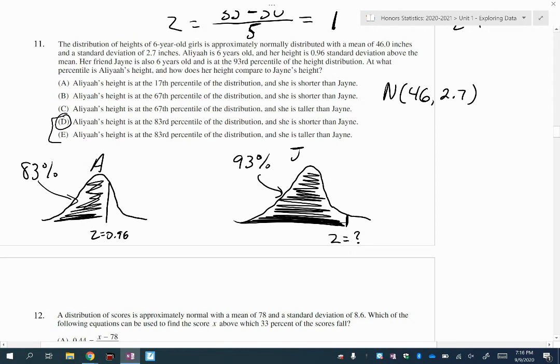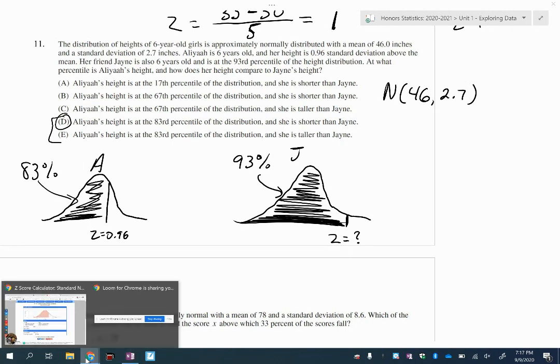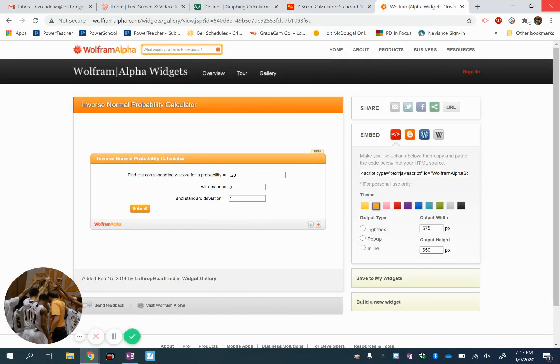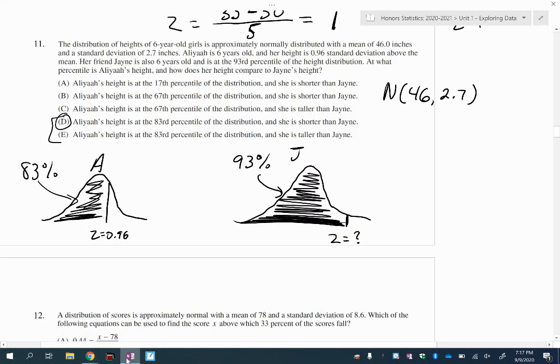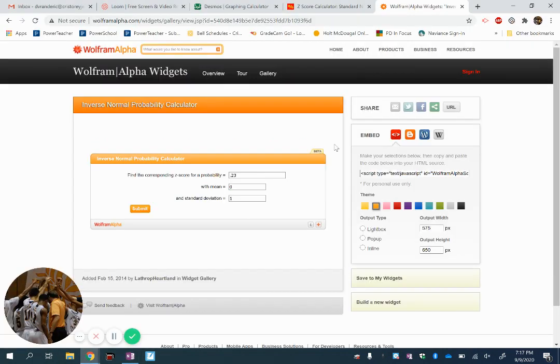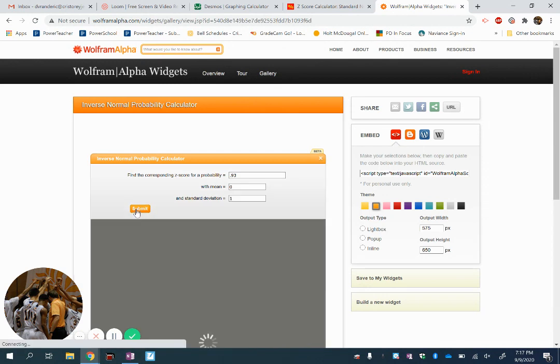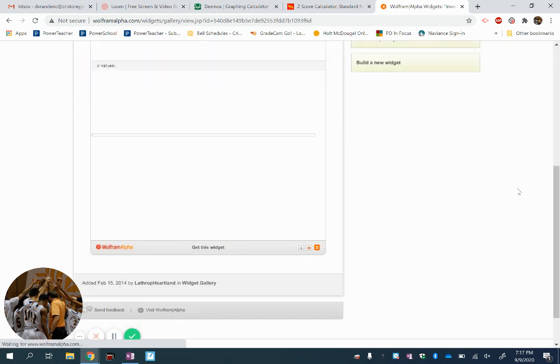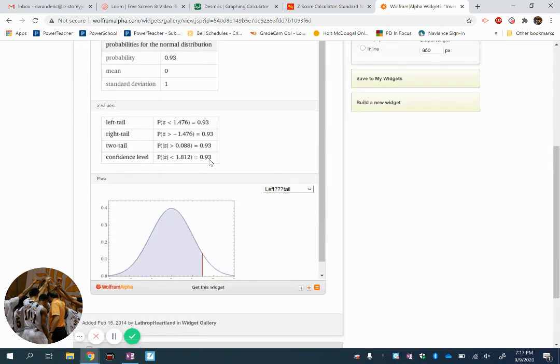If you wanted to do more work, you could find the z-score. I can show you the z-score for Jane, using the inverse, that Wolfram Alpha link. Her percentile was 93rd, so I'm going to type in 0.93, hit submit, and her z-score, again to the left here, is going to be 1.476.